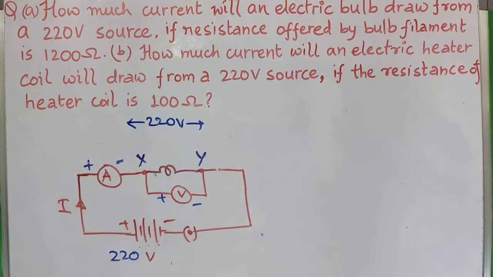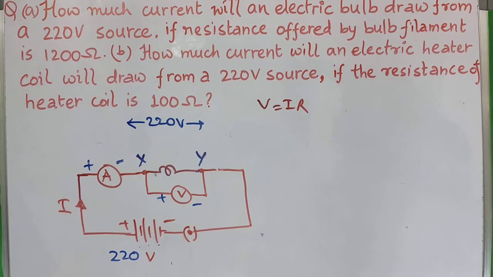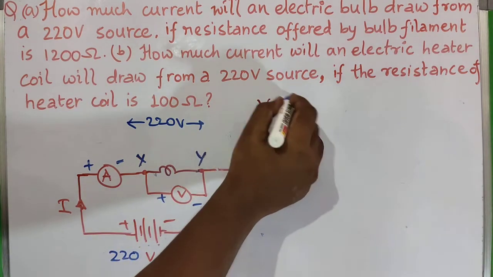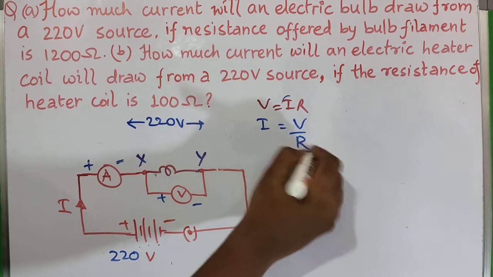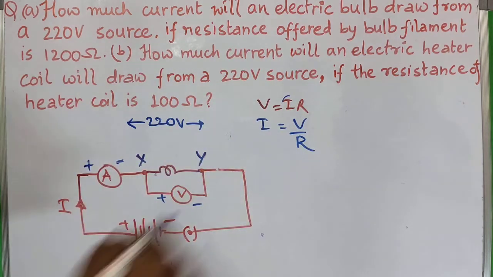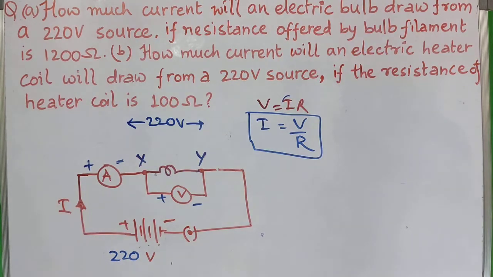Now, how much is my current? From Ohm's law, V is equal to IR. So current is equal to V by R for this case. Now let's come to this specific case.